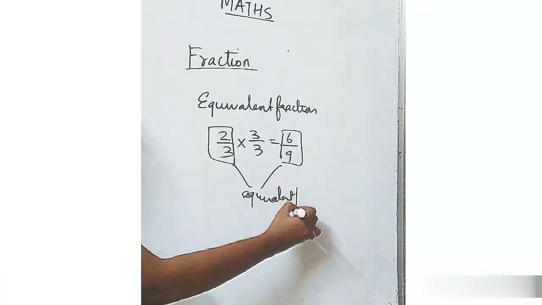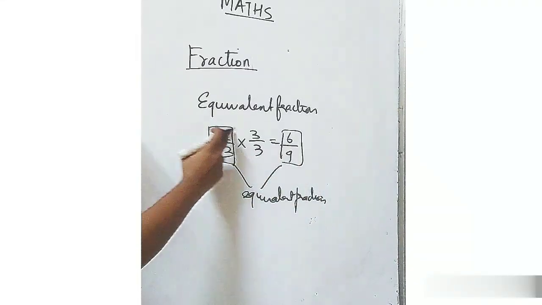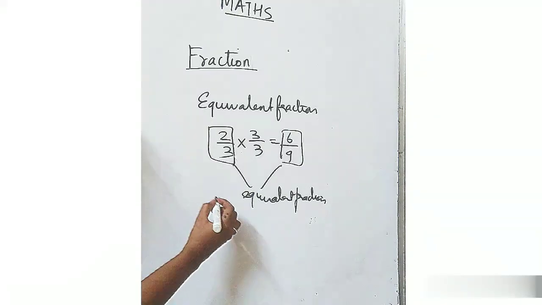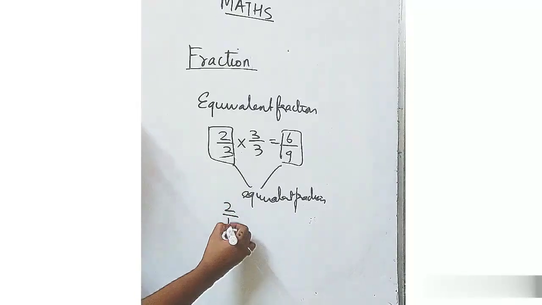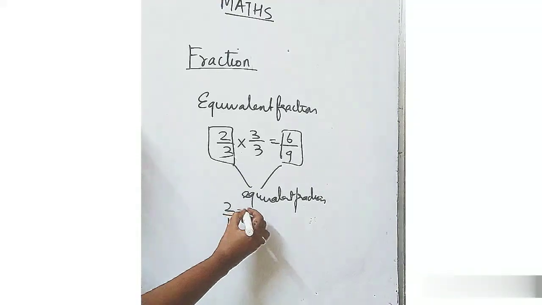Always remember, it is not necessary that only multiplication is carried out. It can be division also, students. I'll take another example, 2 upon 16. Now think of a number, a table in which this 2 and 16 come. I can take 2. So I will divide by 2.